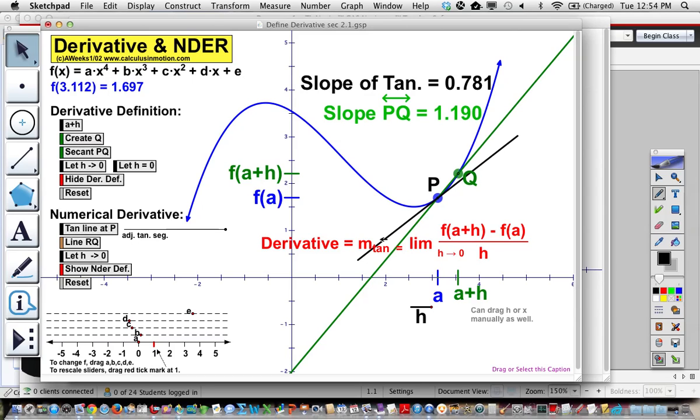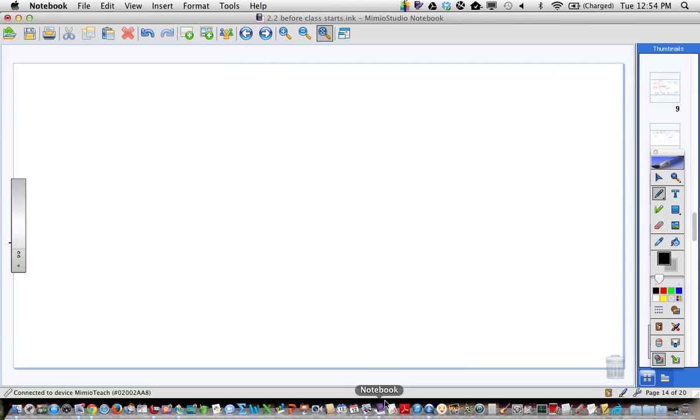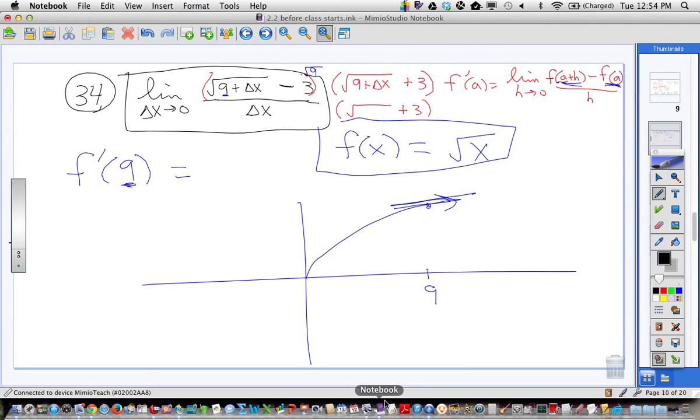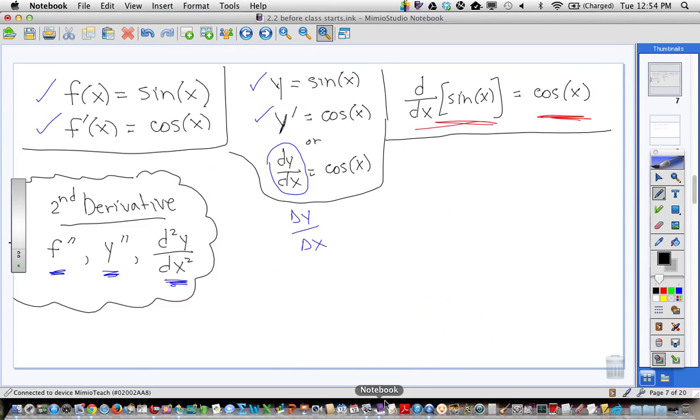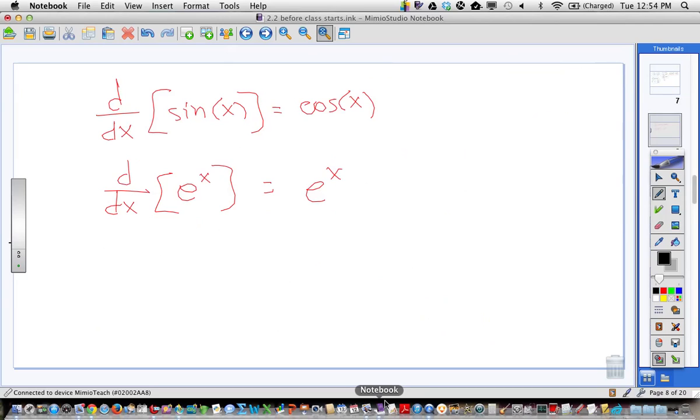Okay, so earlier I was saying that this formula gives us a slope at point A. So this gives us f prime of 1, f prime of 3, f prime of negative 1, whatever. What we would like to do is get the slope at every point. In fact, we've kind of done that already with our sine and cosine thing. This says that the derivative of the sine function at all points is cosine.